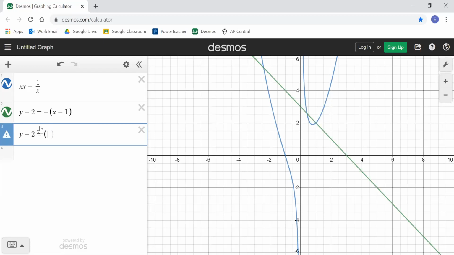If I got rid of the negative 1 and made it a positive 1, that should give us the tangent line. Sure looks like those two lines are perpendicular, right? We know they are because their slopes are opposite reciprocals, but that purple one definitely looks like the tangent line. And so the one we've got is definitely the normal line. Good or no? Good. All right, cool.